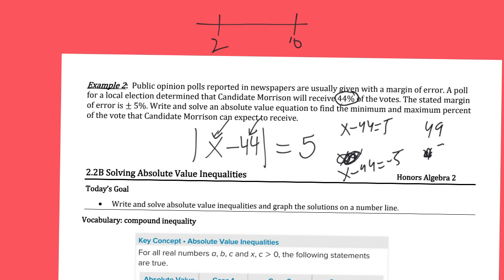I'm not sure why this is not writing for me, but let's try it again. You can hear me verbally. From 39 to 49% is going to be, if you add or subtract 5 from the poll value, that's going to be your range.